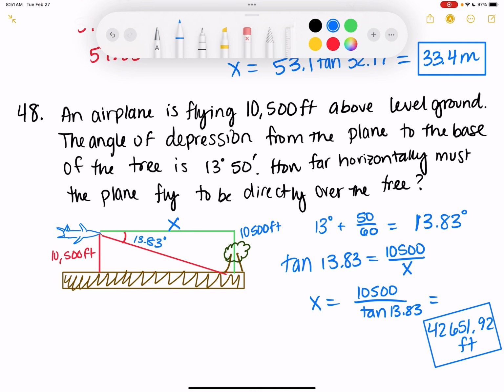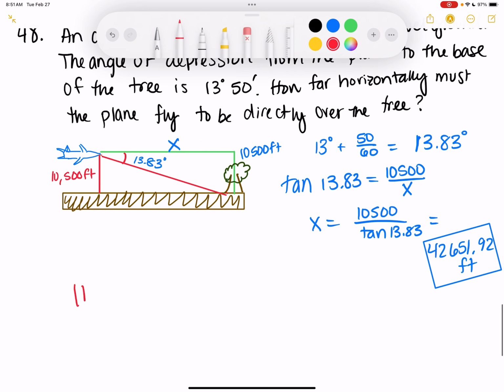How are we feeling about those? Pretty good. All right, I'm going to give you two more to do, and if you can do those four, you'll be able to do the ones on the quiz. Quiz is Friday. All right, so in addition to what I gave you yesterday, 39 and... 49, you're finding the angle instead.